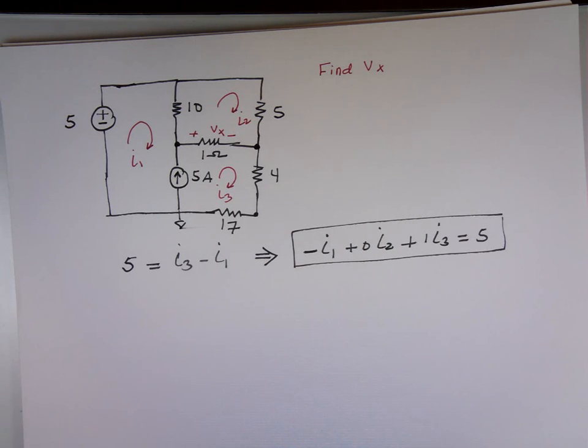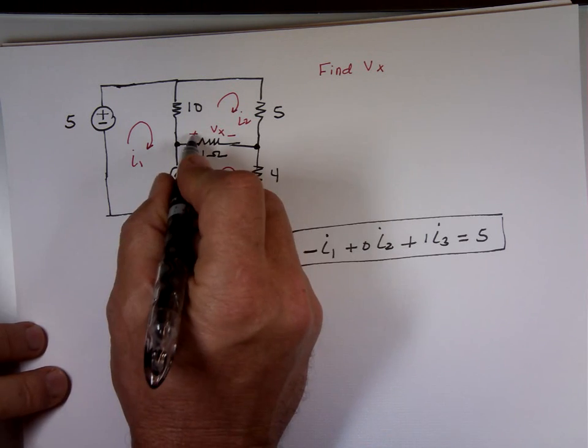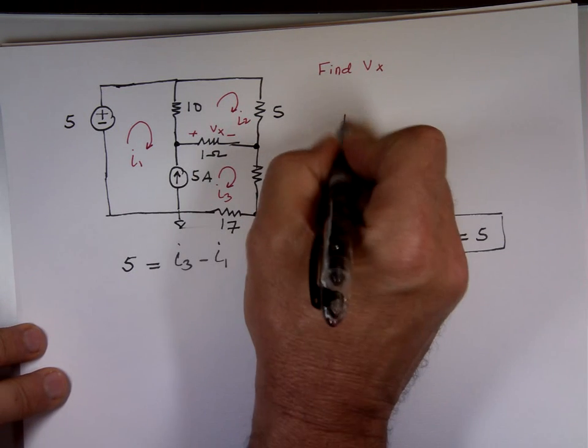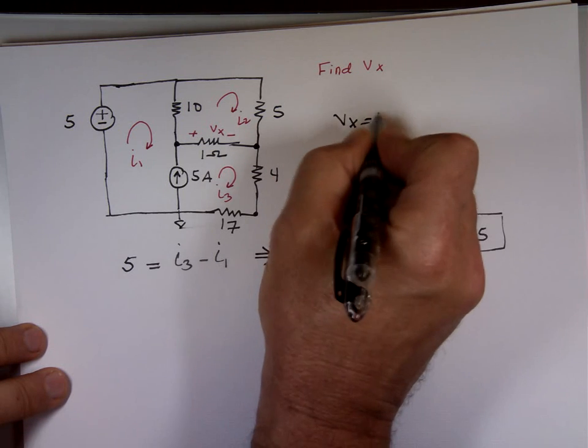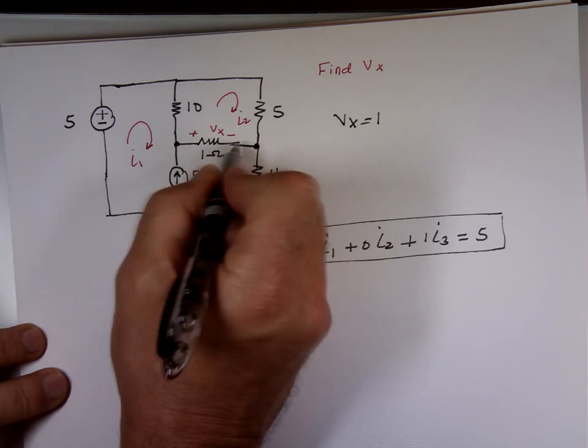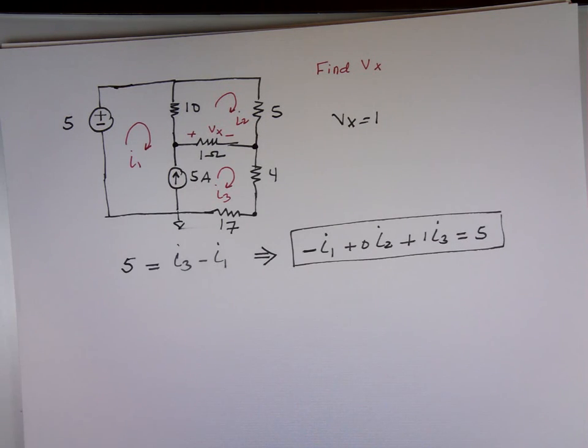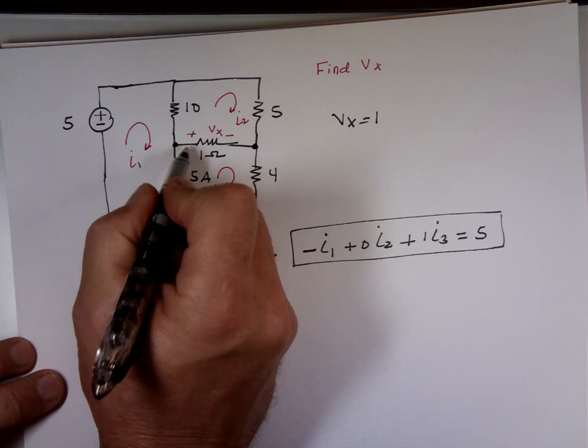Vx is equal to I sub 2. No, it's not. Vx actually is defined plus to minus this way. So it's going to be 1 times the current going to the right. What is the current going to the right, from left to right? I sub 3 minus I sub 2.